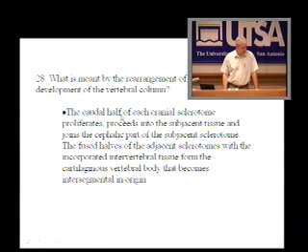Thus, the caudal half of each cranial sclerotome, so the upper one, its lower part, is going to form a special relationship with the upper part, the rostral or cranial portion of the caudal sclerotome. So we'll see that in illustrations in a moment.